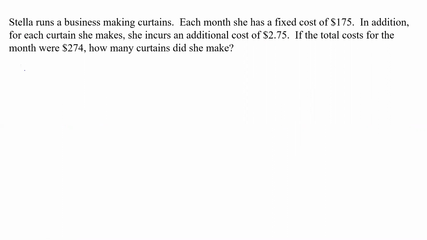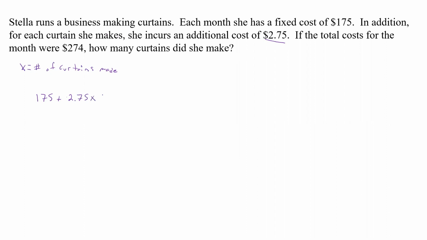Well, let's say x equals number of curtains made. Okay. So now let's add everything in here. So we know we have a fixed cost of 175. So we're going to have 175 plus, for each curtain she makes, she incurs another $2.75. So it's going to be 2.75 times however many curtains she makes.